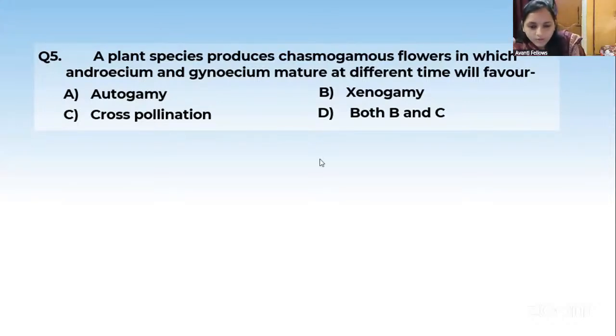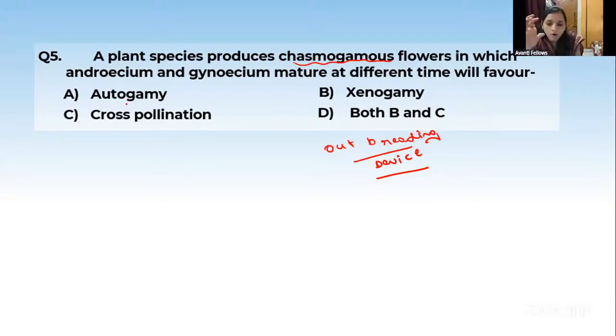In the outbreeding devices, we studied dicogamy, right? In dicogamy, we studied the chasmogamous flower, that is to avoid self-pollination, to avoid autogamy. To avoid autogamy, the androecium and gynoecium mature at different times.